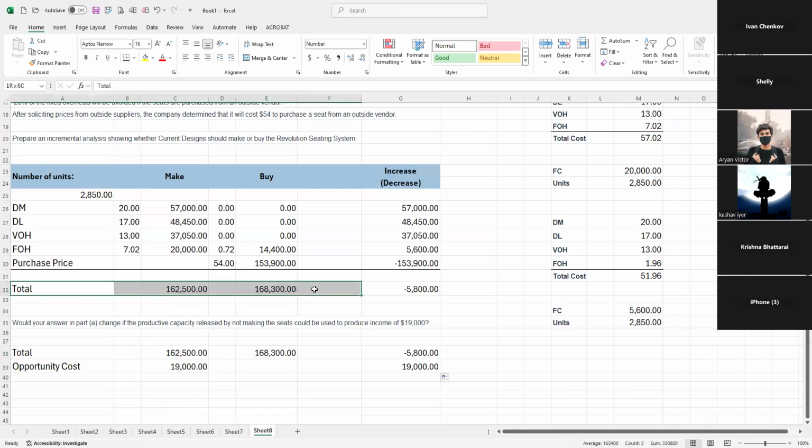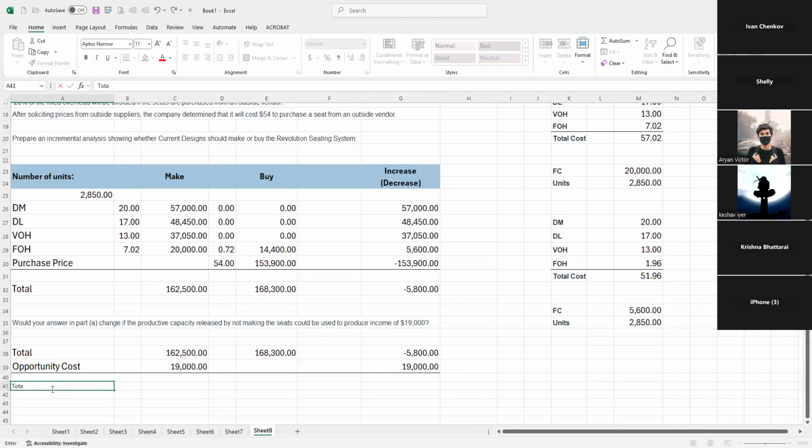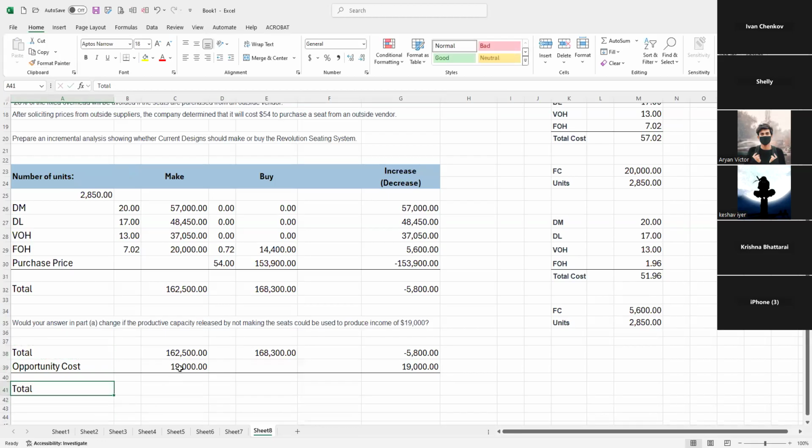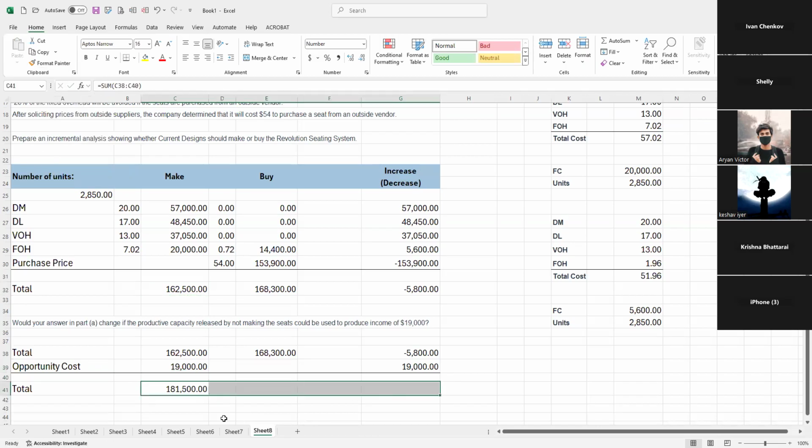Yes. So now in total, where are we? To make it is going to cost us 81,500. To buy it is going to cost us 68,300.